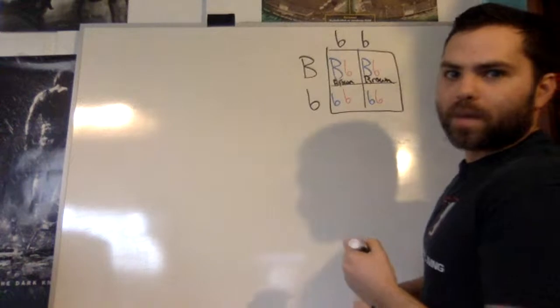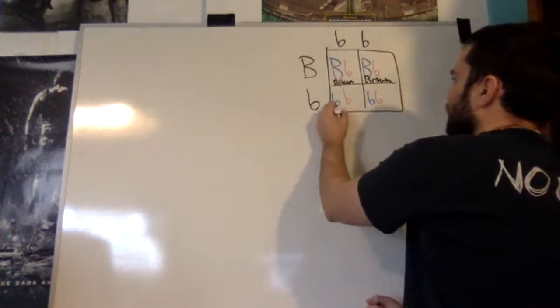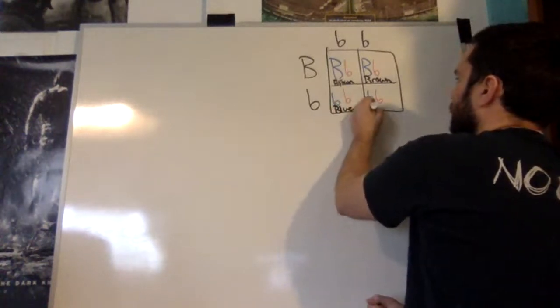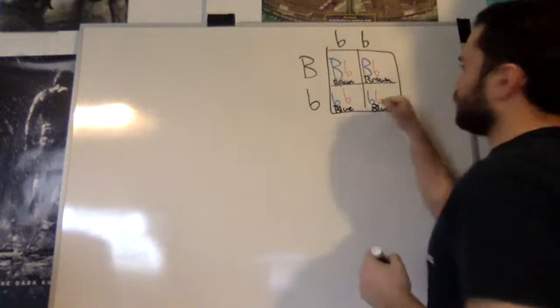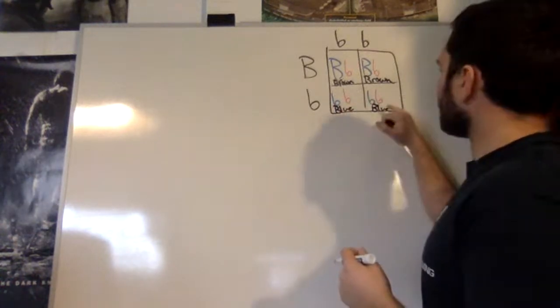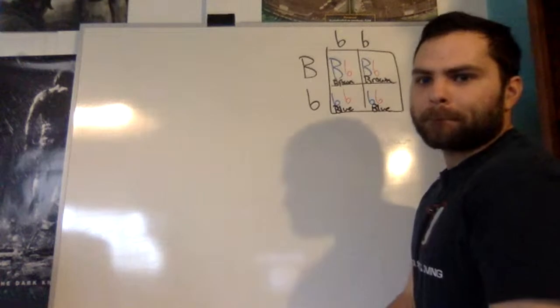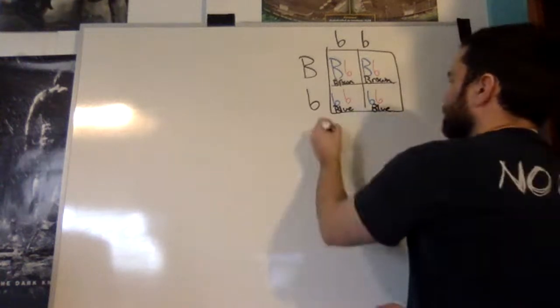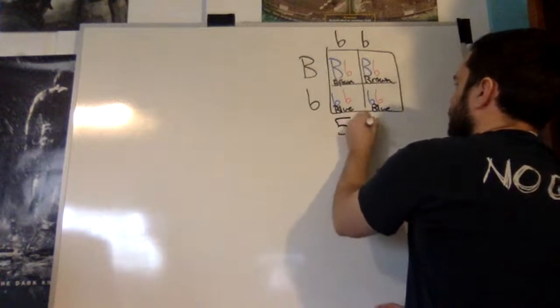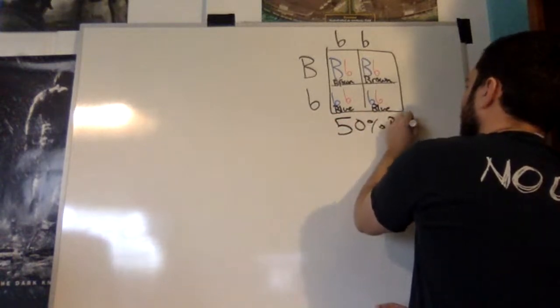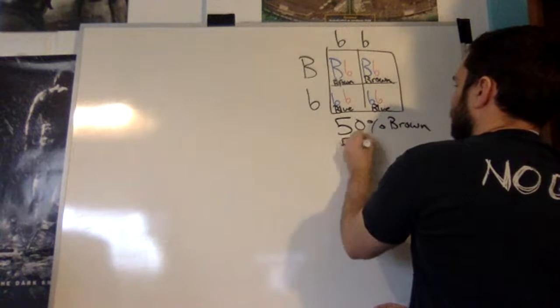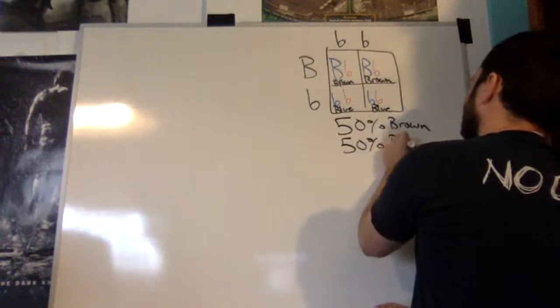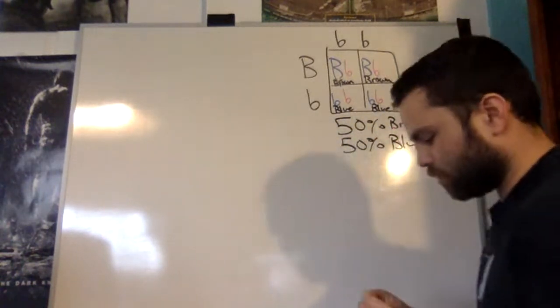We got lowercase b, lowercase b. Now we got blue. And we got blue. So if each of those are 25%, what's my percent chance that I'm going to have blue eyes? 50 and 50, right? 50% for brown. 50% blue. So 50% blue is your answer, okay?